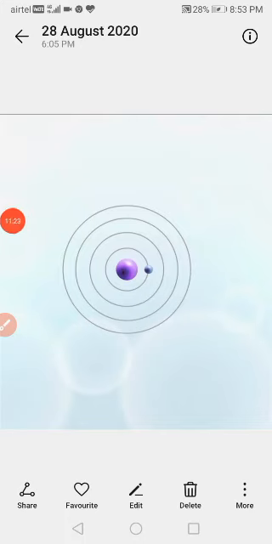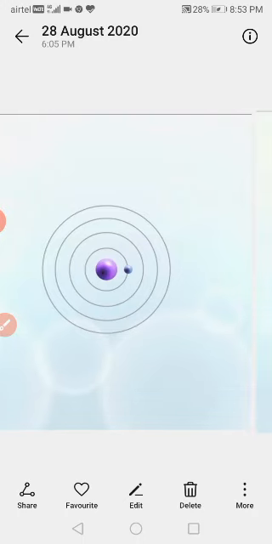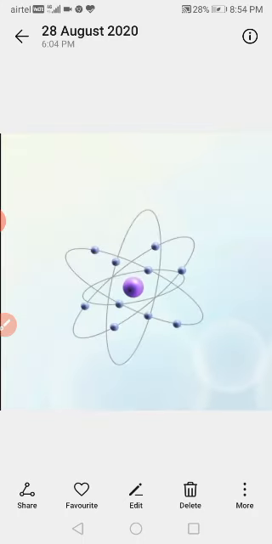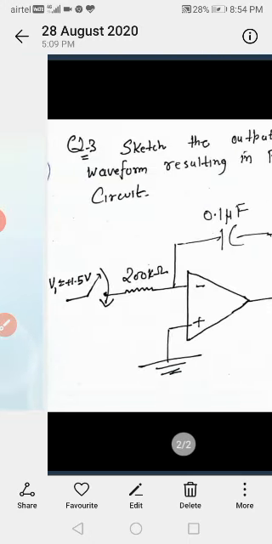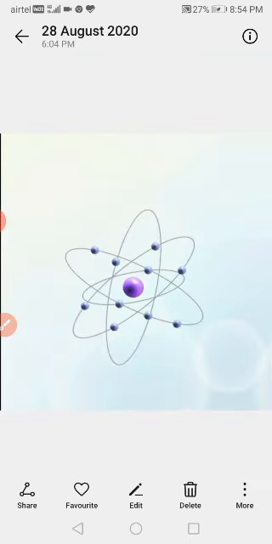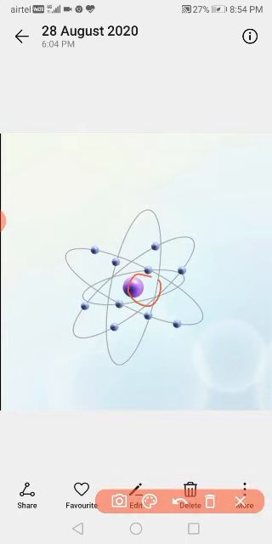Okay, welcome. And now we shall start the presentation. Here you can see the 3D model of an atom, and this is the nucleus of the atom, and the electrons are revolving around the nucleus in various orbits.